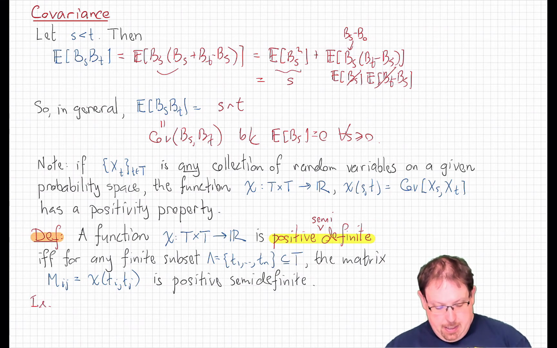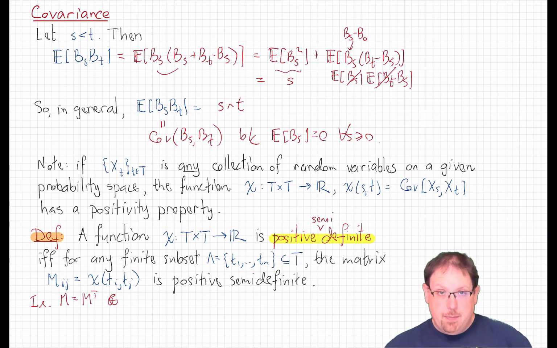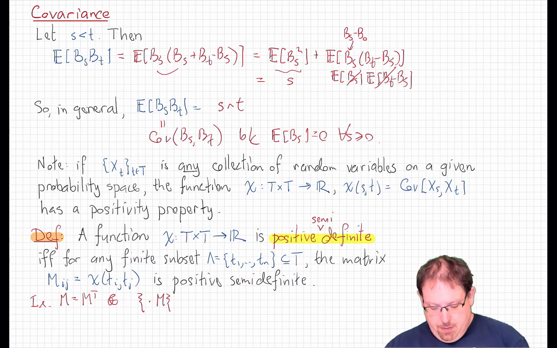It means that it's a symmetric matrix, so M is equal to M transpose, and it means that all of its, therefore, real eigenvalues are non-negative, which can be captured in the following easier to compute statement, that if I take the dot product of any vector xi with M xi, that's always non-negative.